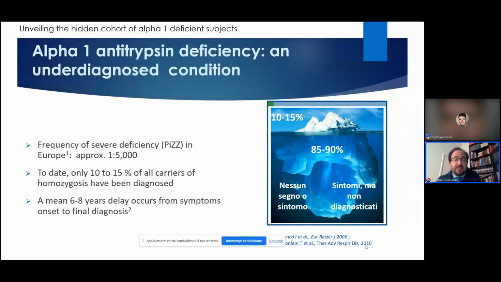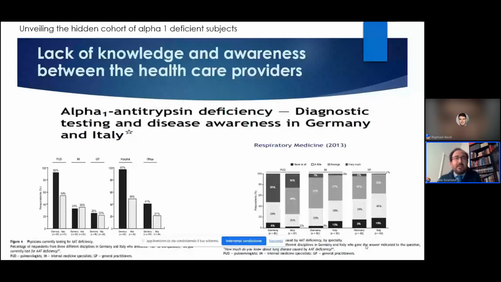And again, there is a dramatic 6 to 8 year delay from symptom onset to final diagnosis, and this is a real issue in clinical practice. The reasons for this are mainly due to a lack of knowledge and awareness among healthcare providers and the patients themselves.